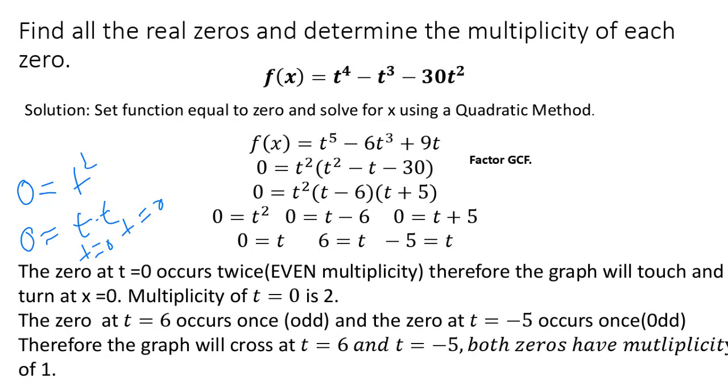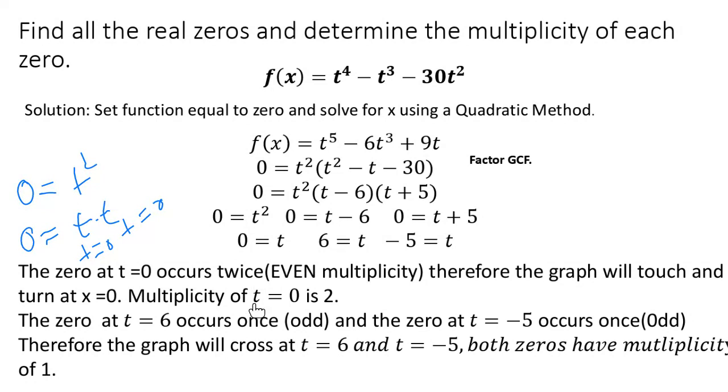So one of the common mistakes that I see people do is they take the square root here and forget that there's another 0 here.